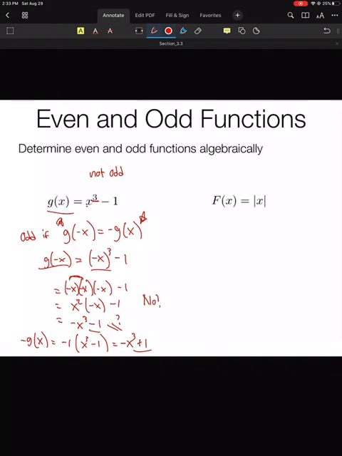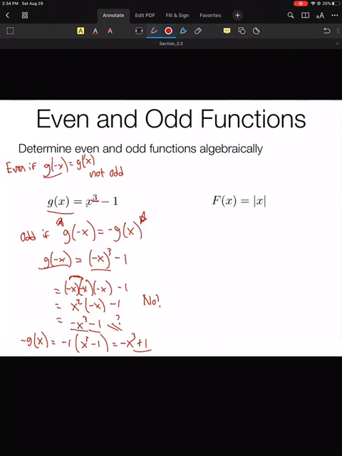We checked if it's odd. What if we check if it's even? A function is even if f of negative x is equal to f of x, or g of negative x equals g of x. We already found g of negative x.